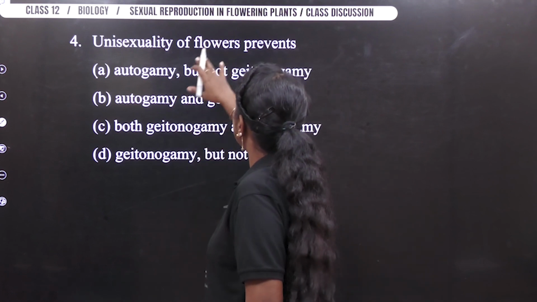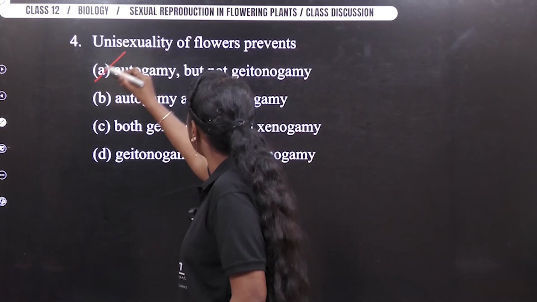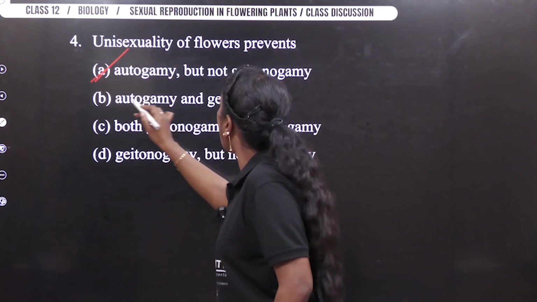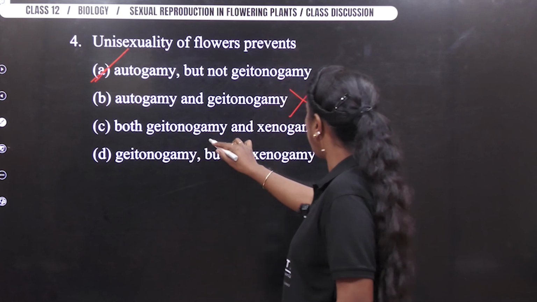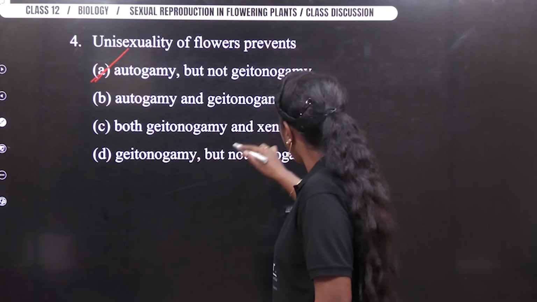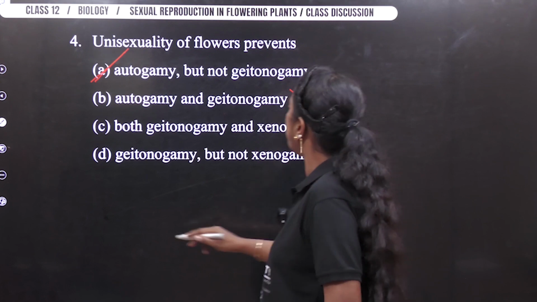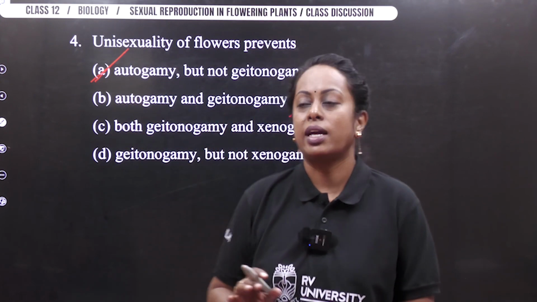So the first statement says autogamy but not geitonogamy. It is correct. So I shall mark it as such in D. Autogamy and geitonogamy, wrong. Both geitonogamy and xenogamy, wrong. And geitonogamy, not xenogamy, wrong. So the answer is option A. I hope even you have marked it rightly.